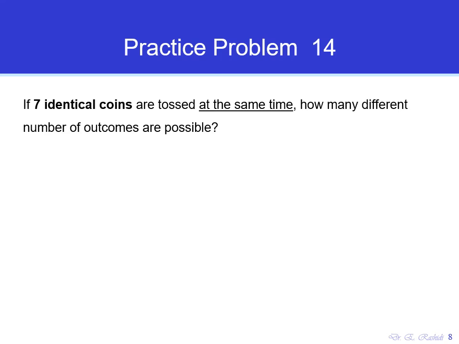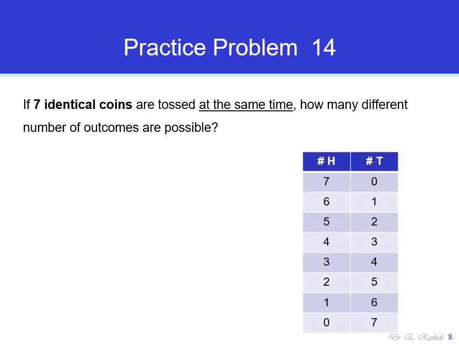If you get 2 heads, that means you also got 5 tails, right? So the way to solve this is to see how many different heads and tails you can get. For example, you can get 7 heads and 0 tails, 6 heads and 1 tail, and these all add up to 7.